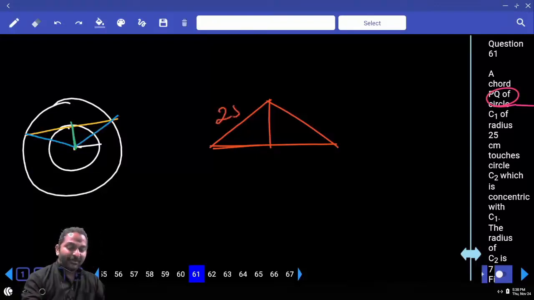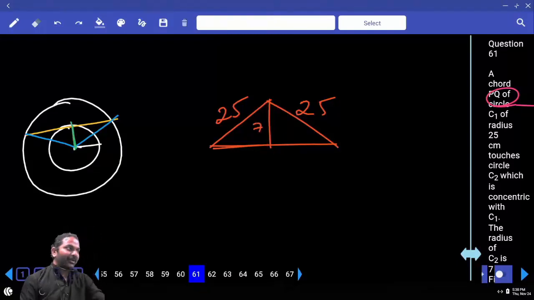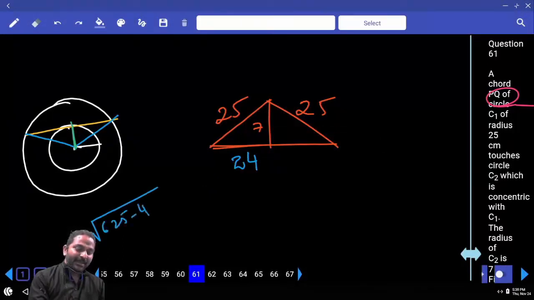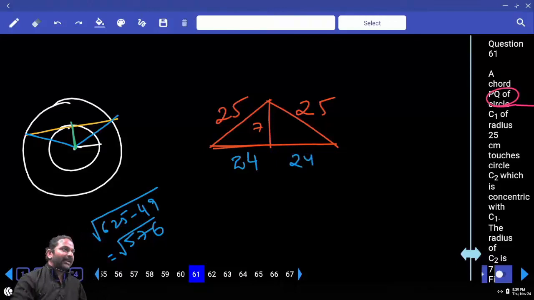Hypotenuse, right? 25 and 25. And height, what is this? 7. So it's a right angle triangle, right? Should follow Pythagoras triplet. What must be the base value now? 24. See, that is equal to under root of 625 minus 49, which is 576, under root value, which is 24. Correct? The other part also 24. Then what is total length of the chord? 48. That's it.